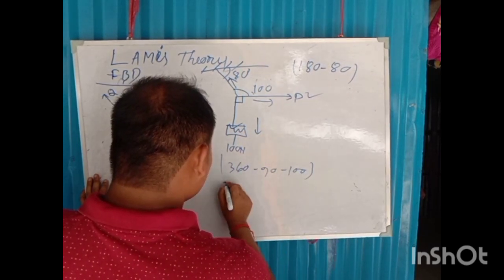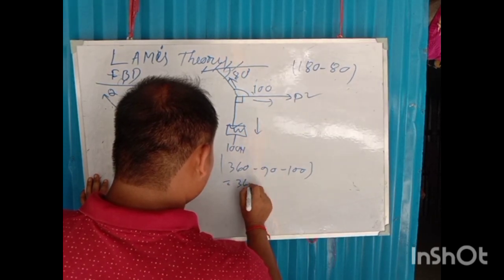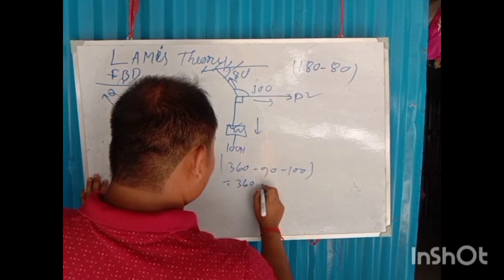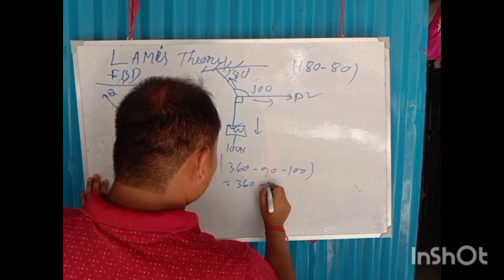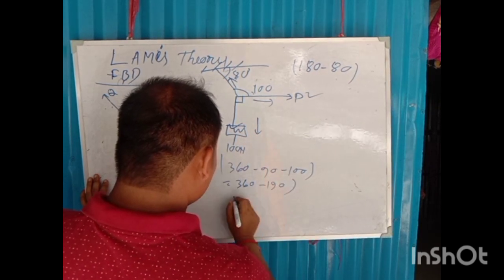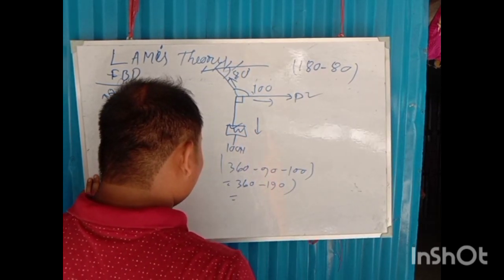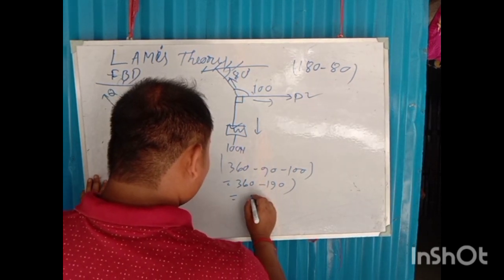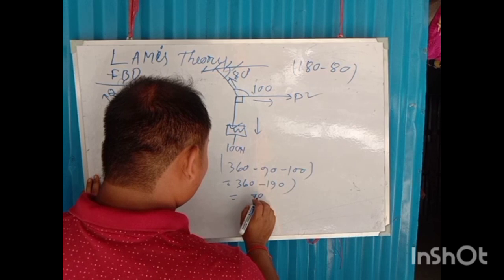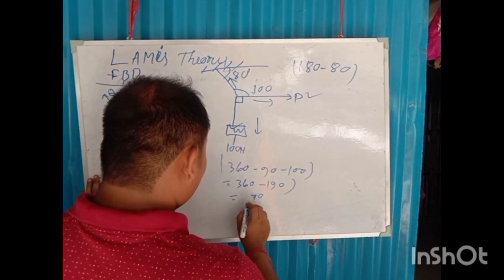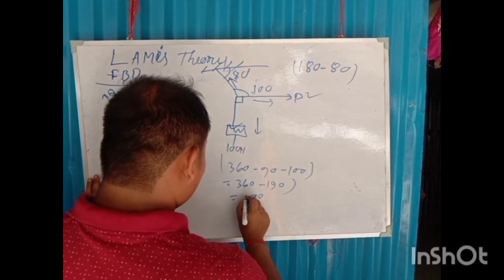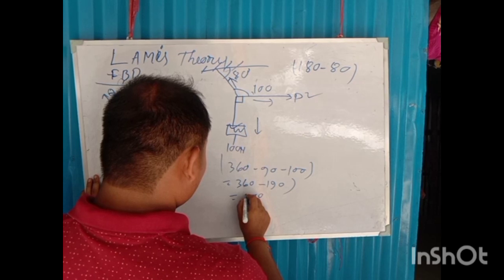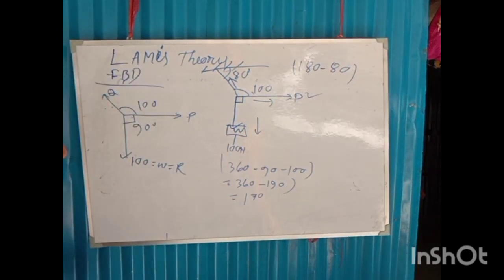So 360 minus 190, so it will be 170. Okay, 170.